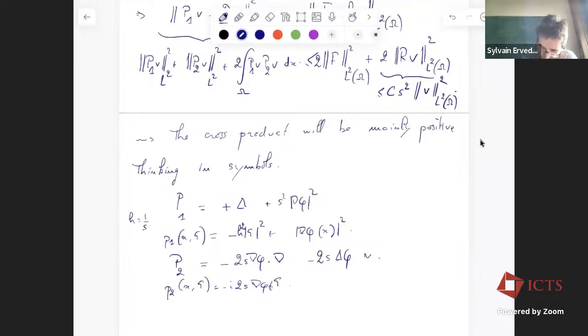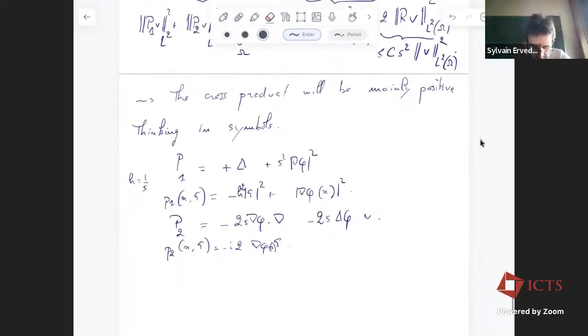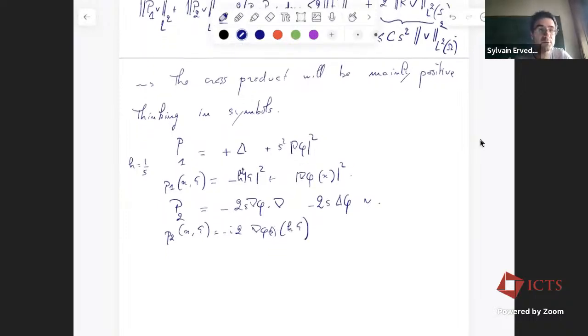So this is gradient phi of X. When you look at the symbols, if you put it as an H, the H will vanish in here. No, sorry, we'll have H psi here. And the last term is a lower order term.